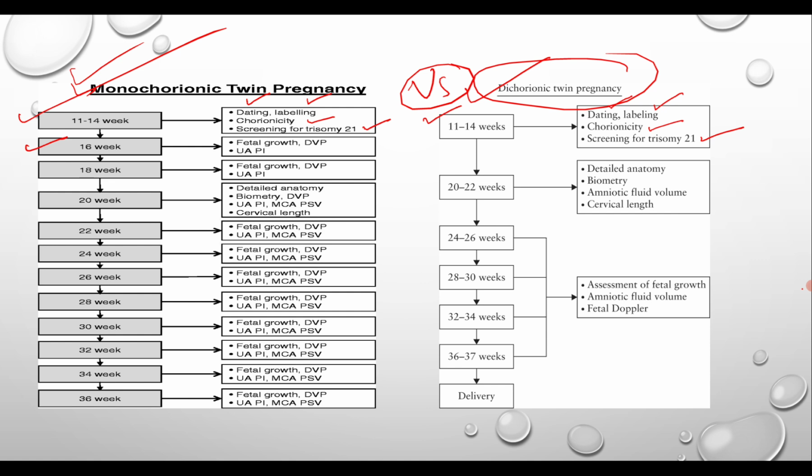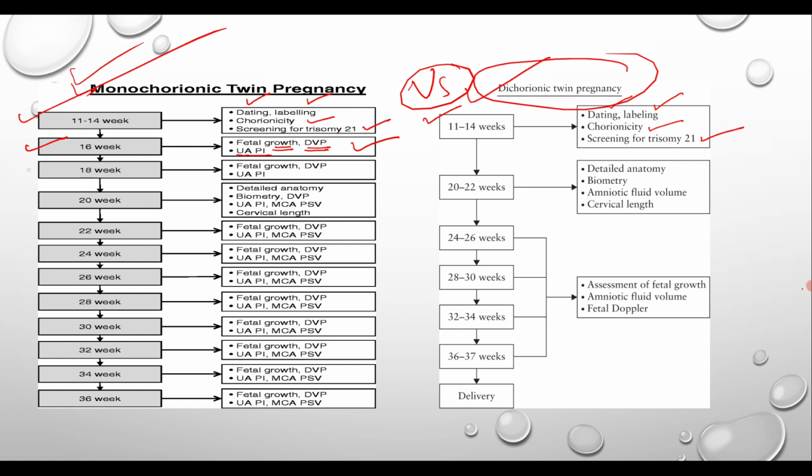From 16 weeks you have to monitor fetal growth biometry, deepest vertical pocket and umbilical artery PI, because there will be chances of twin-twin transfusion syndrome. So the monochorionic is more complicated, and you have to do the scan earlier, that is 16 weeks.